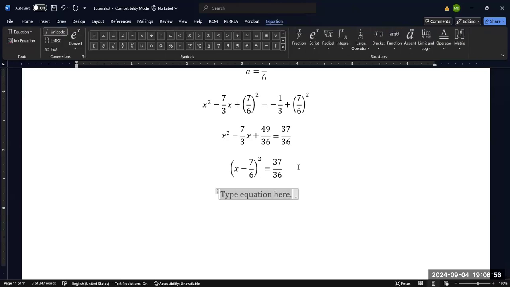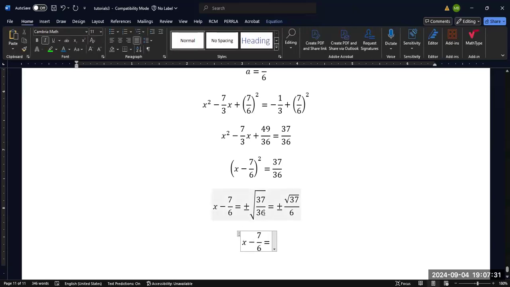Now, remember, when I take the square root as a process like this in solving a problem, what I have to deal with is the plus and minus part of this. The square root of 37 over 36. Now, the 37, I can't simplify, but I can take the square root in the denominator. And the square root of 36 is 6. So what I have now is this is equal to this.